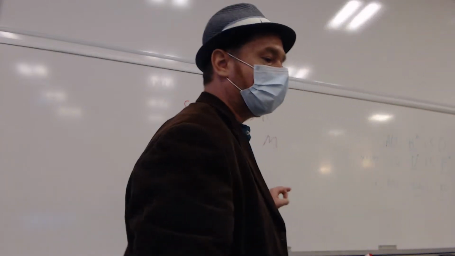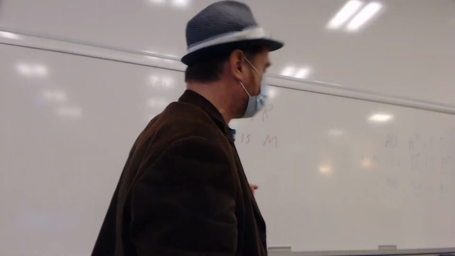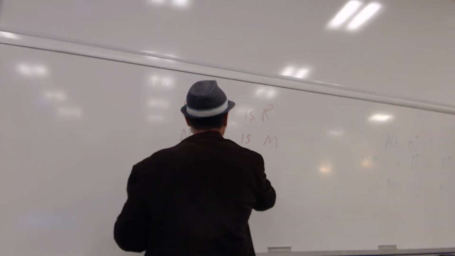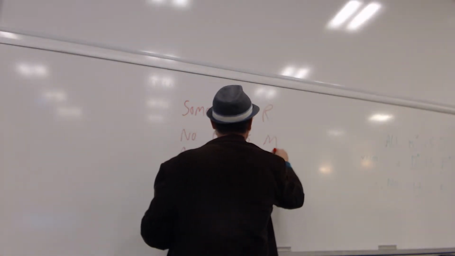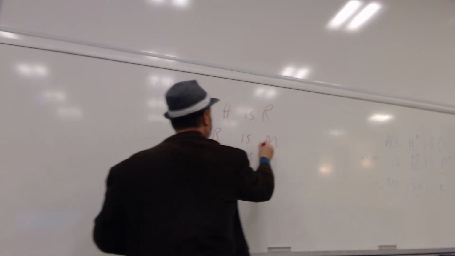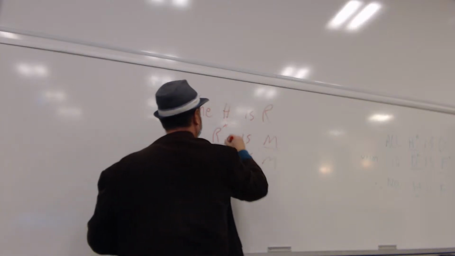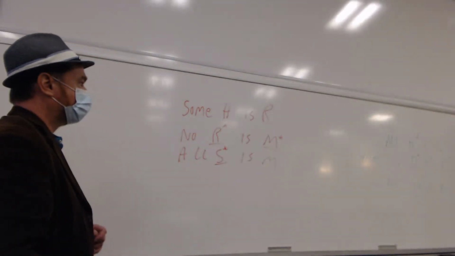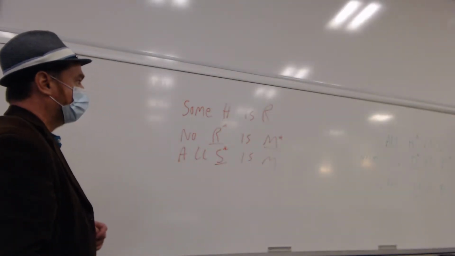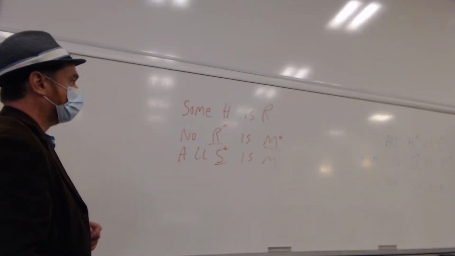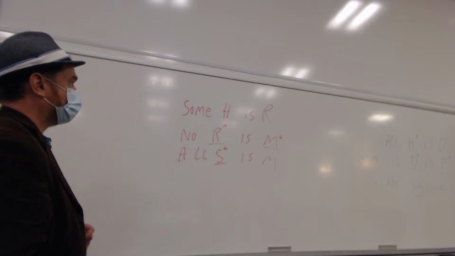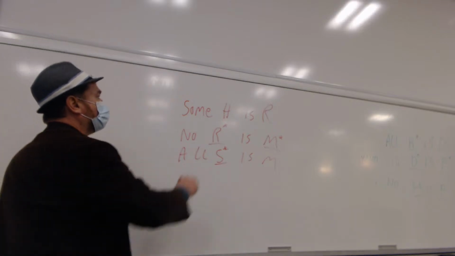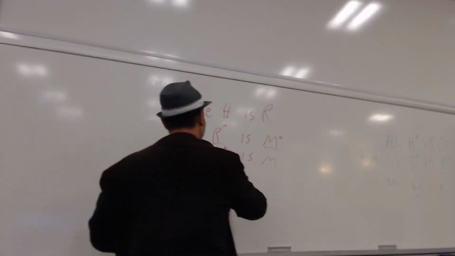All purely selfish people are motivated only by self-interest. All S is M. We then do a mini star test. All right, looks promising because the R and the M's both appear twice, but we have a star in each of them, so it's promising. We need H and S in the conclusion.